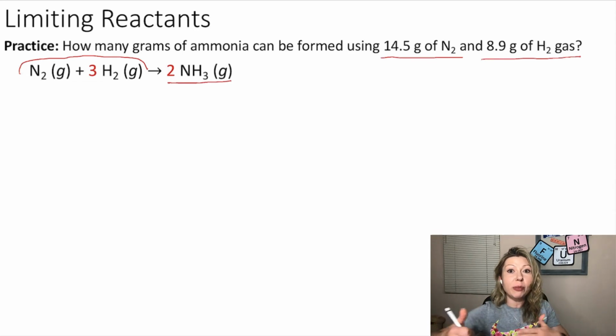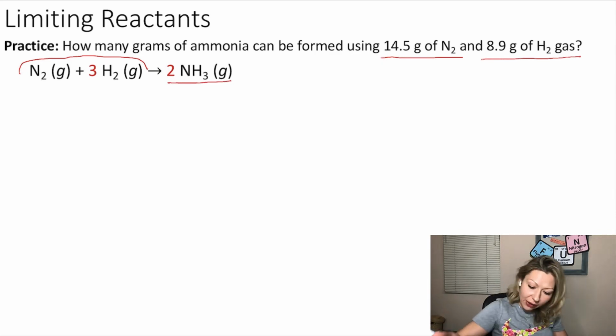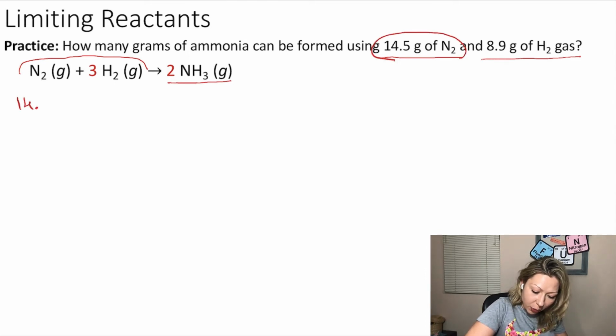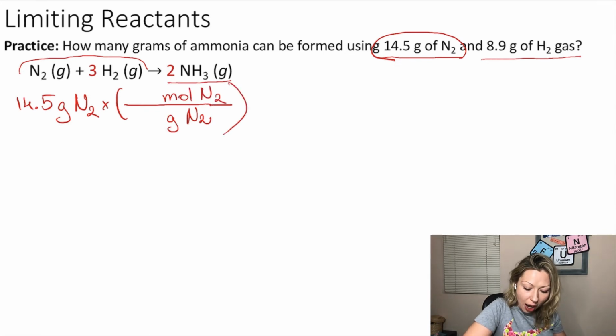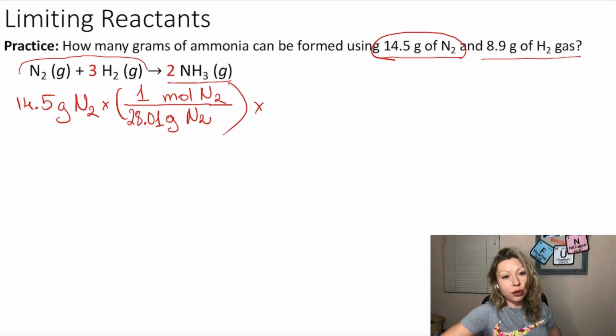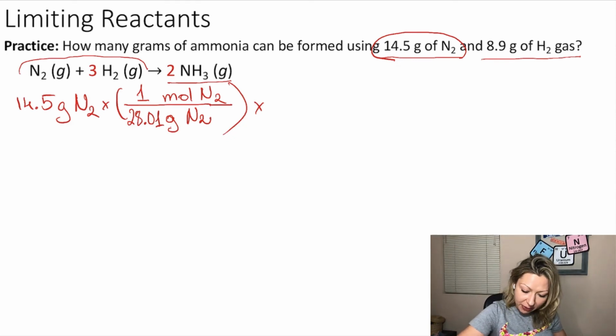Whichever is going to give me the smaller amount is going to be my limiting reactant. Okay, so let's start with N2. If I have 14.5 grams of N2, I have to convert the grams of N2 first into moles of N2. So grams of N2 are on the bottom, moles of N2 are on the top. 1 mole of N2 actually weighs 28.01 grams.